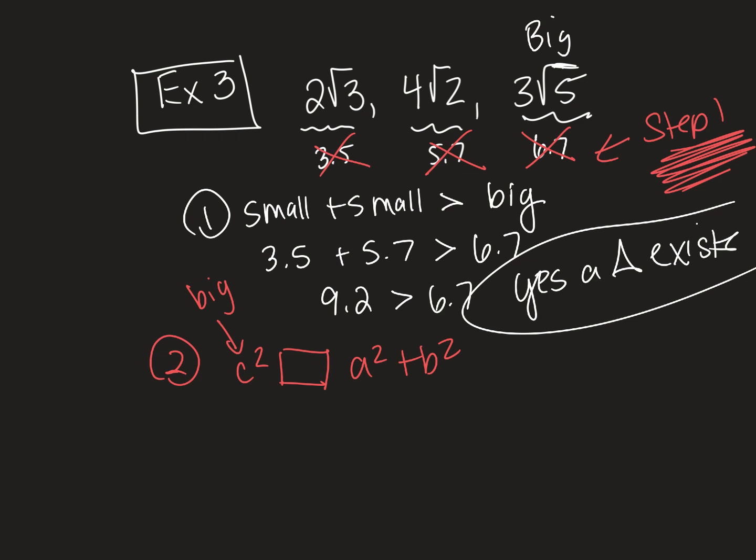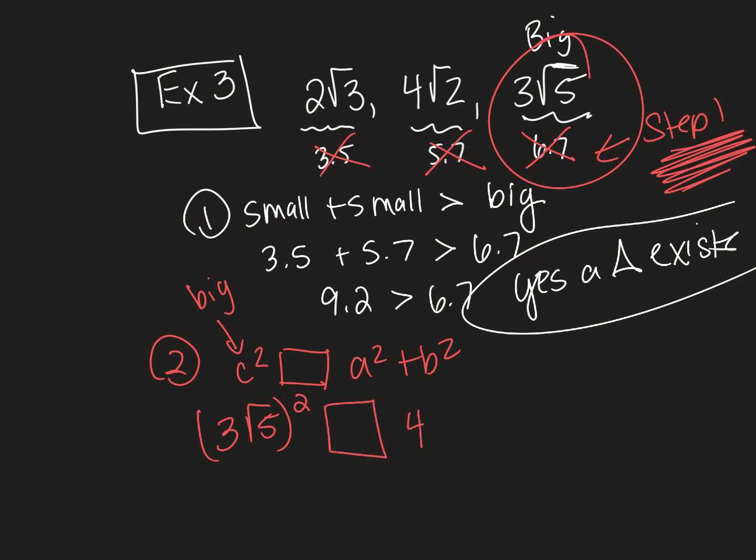This was our big one, so we're going to put that one first. So 3 radical 5 squared, blank, and then 4 radical 2 squared plus 2 radical 3 squared. Okay, I'm going to show you how to do this with the calculator. And when I get back, I'll show you the shortcut.